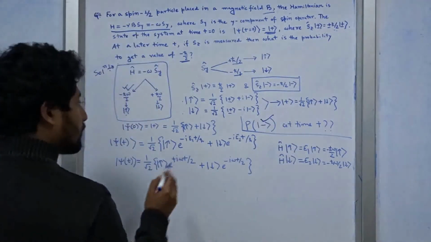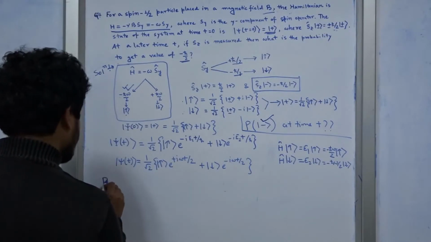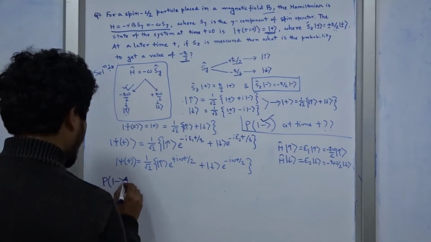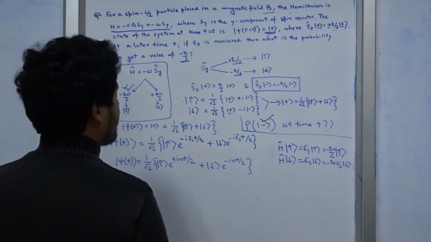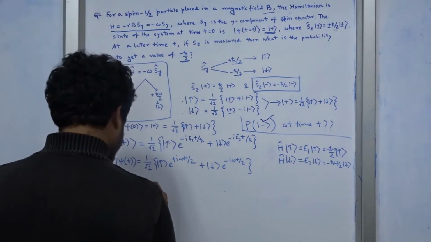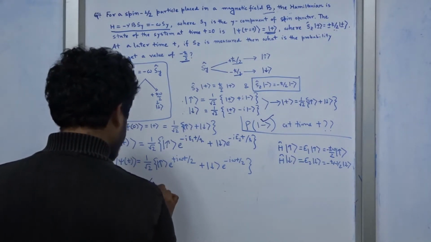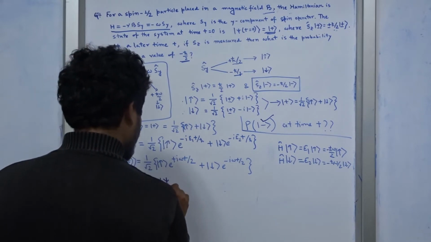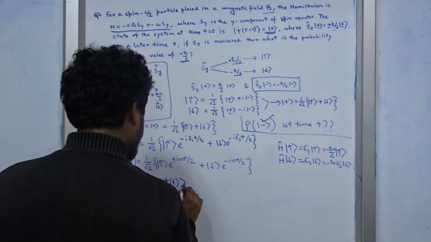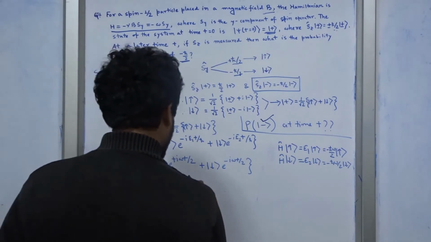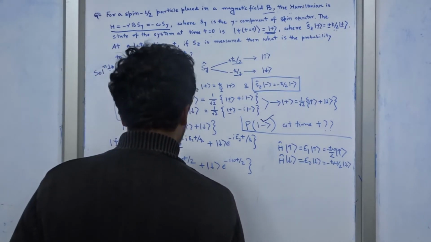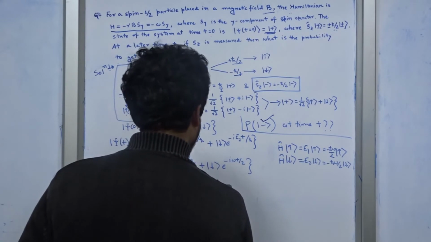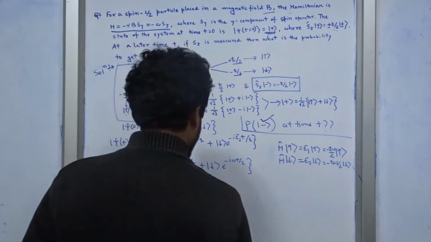If I want to find this probability in the minus state, I need to take the projection of this minus on psi of t and take the mod square. This will make 1 by 2.